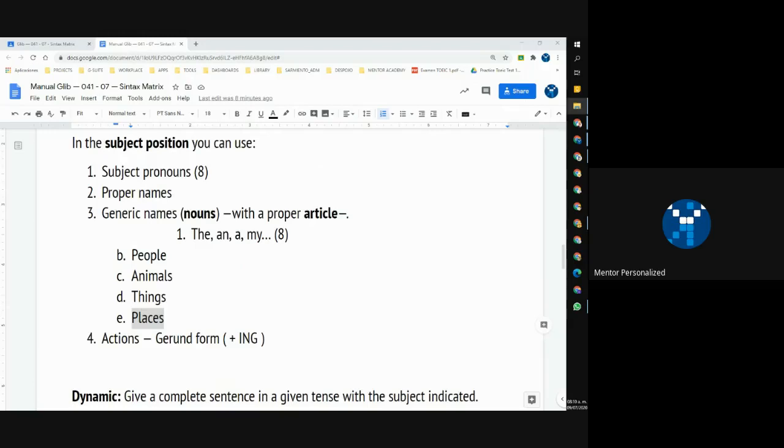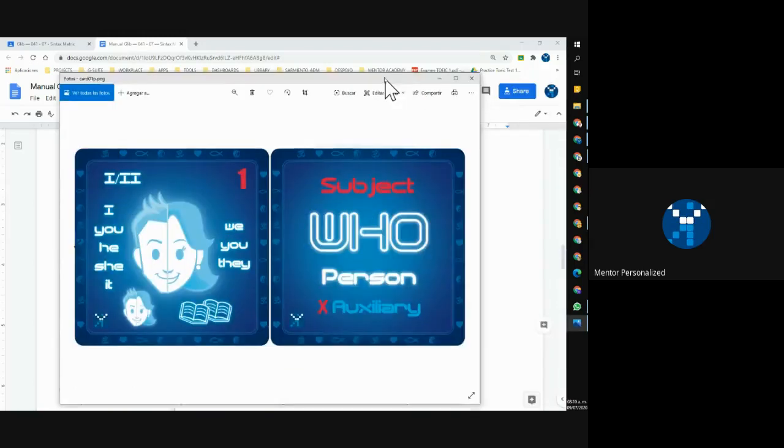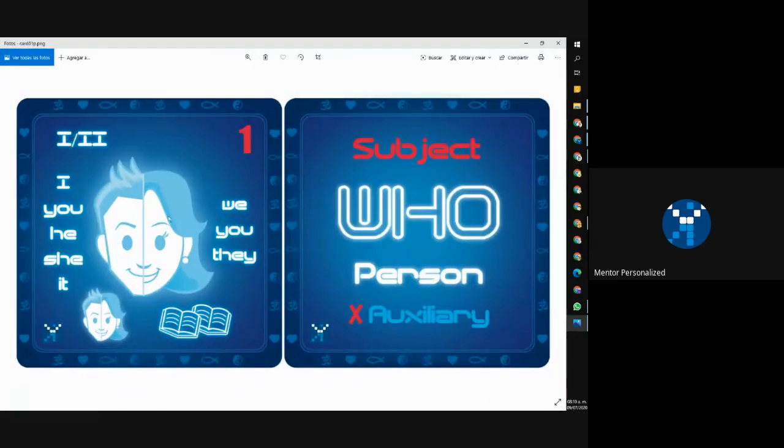So, as we were saying, in the subject position, it is possible to talk about a person, but also about an object. And we will see that it's even possible for us to talk about a place or even an animal, okay, or different elements there.